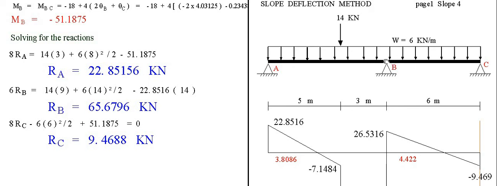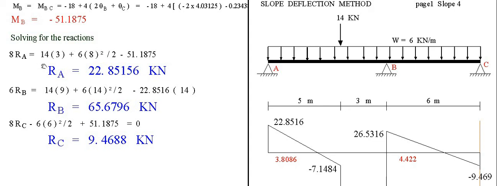You bend the beam like this, then on the left you bend the beam like this. Due to this load, moment here is counterclockwise, while the internal moment here is clockwise, and this moment at B is minus 51.1875.